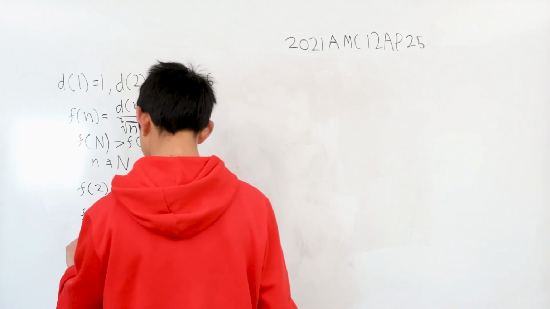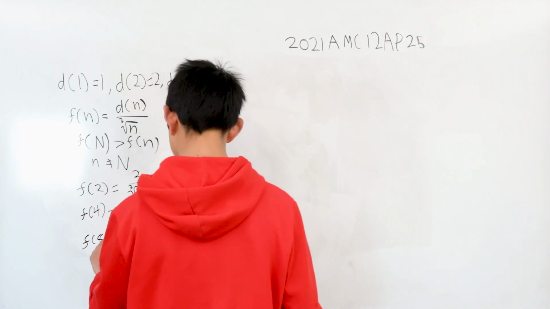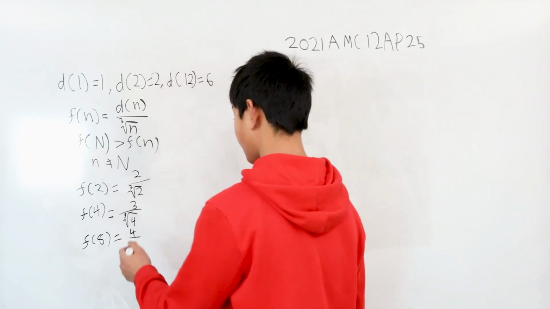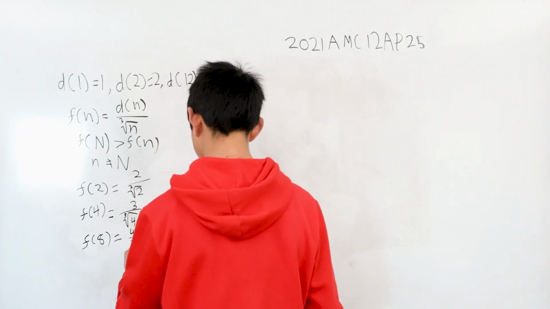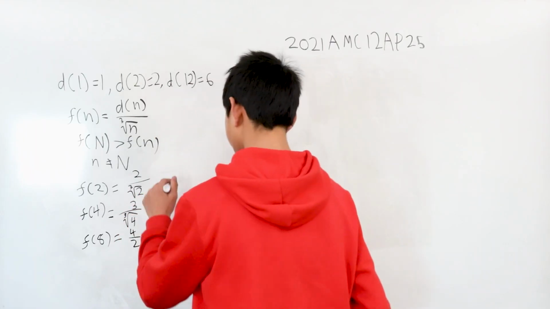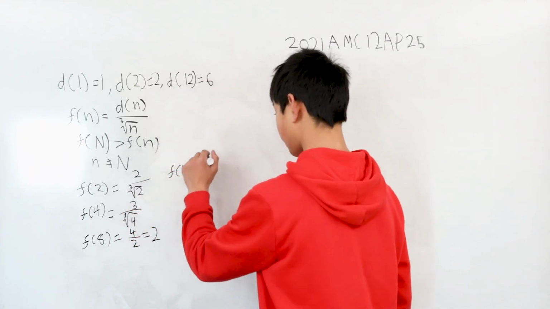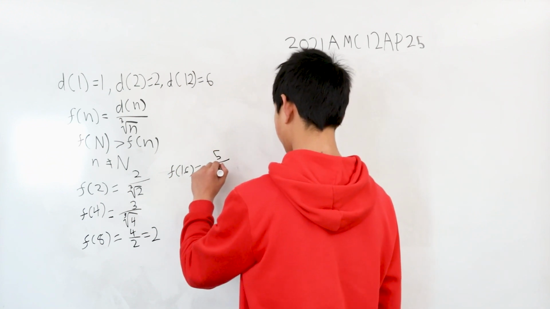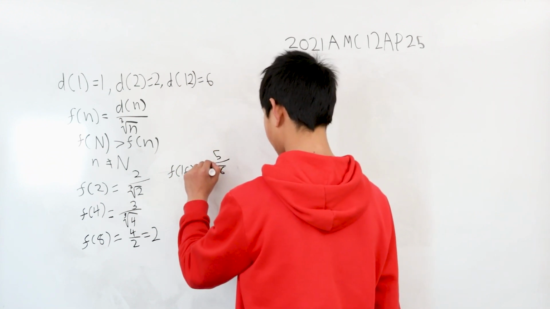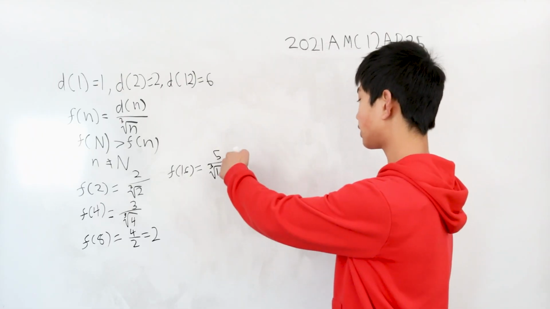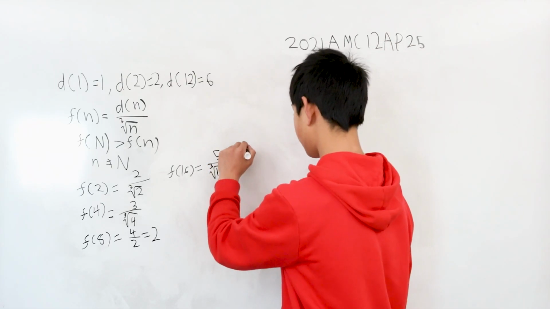For 8, we have 4 divided by the cube root of 8, which is 2. For 16, however, we have 5 in the numerator and the cube root of 16 in the denominator. We observe that this is less than 2.